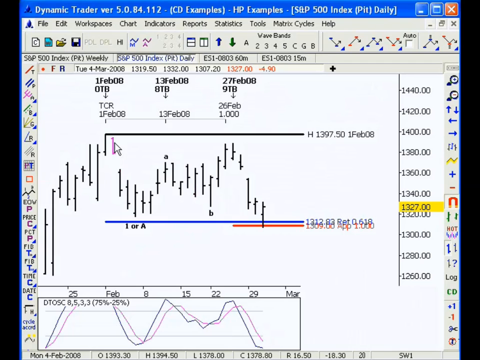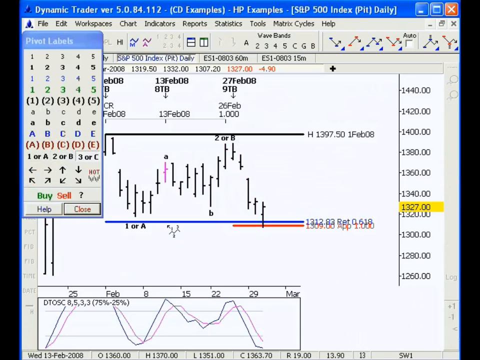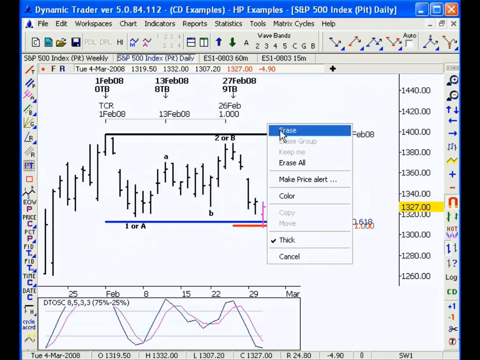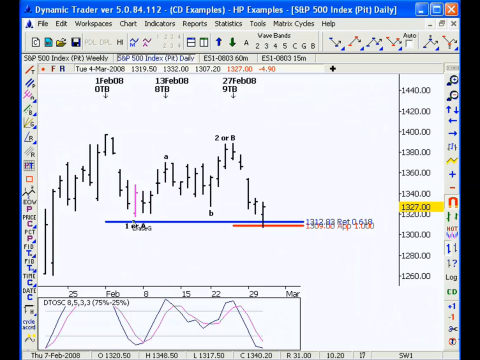But if this is making bigger A, B, C, let me just put some labels on here, and clean the chart up a little bit. There we go. If this is an A and that's a B, we're right in a position to make the wave C low.